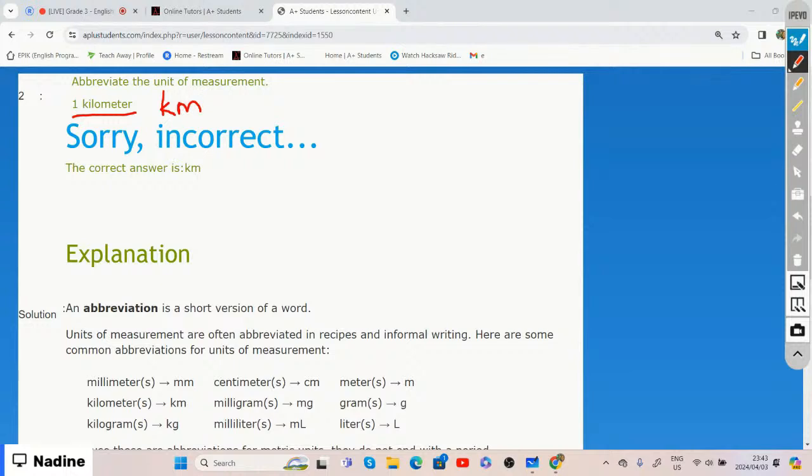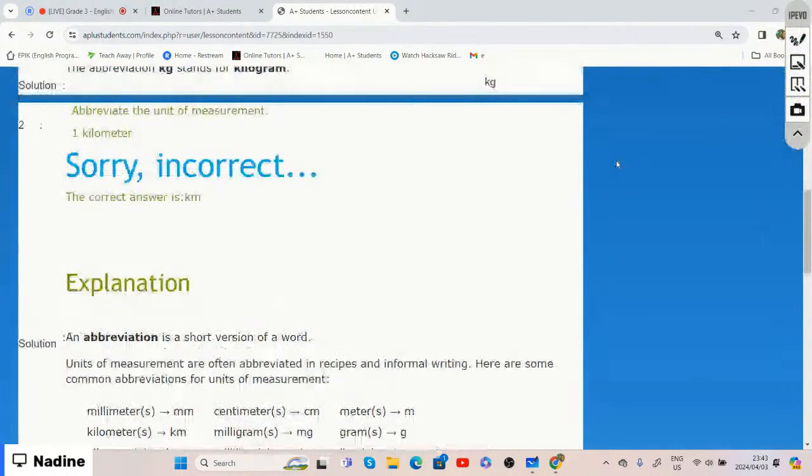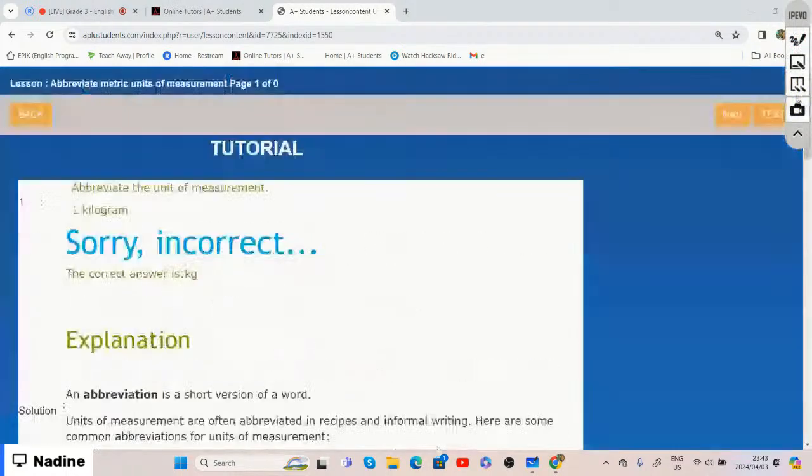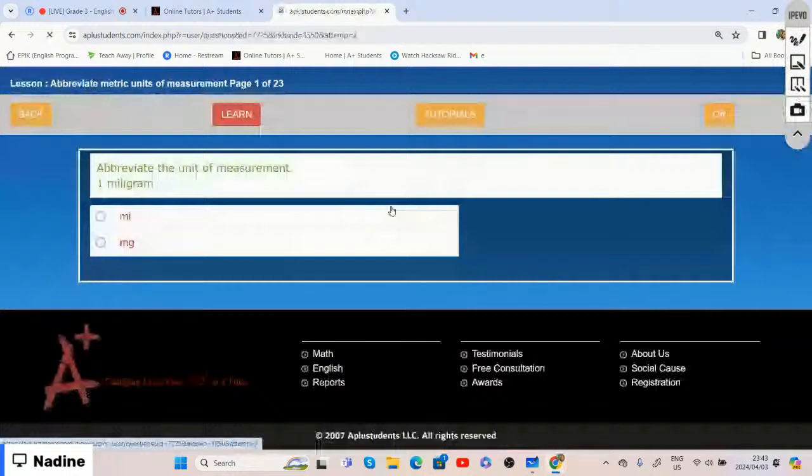Remember, no period, right? So km is correct.